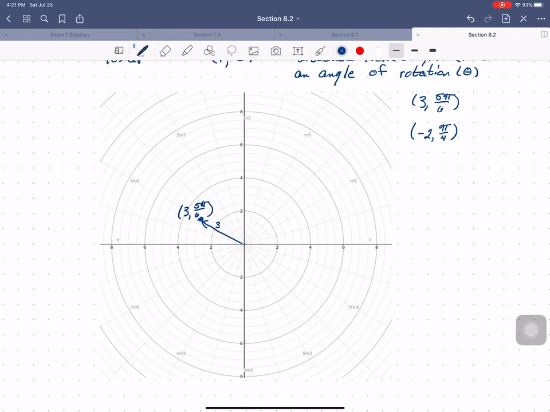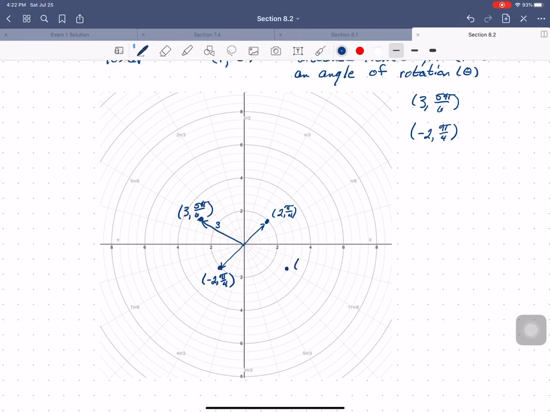If we're on our pi over 4 spoke, that's this guy, and that means we're somewhere on this circle with radius 2. If I go this way, that's the point 2, pi over 4. If I go the other way, that is -2, pi over 4.